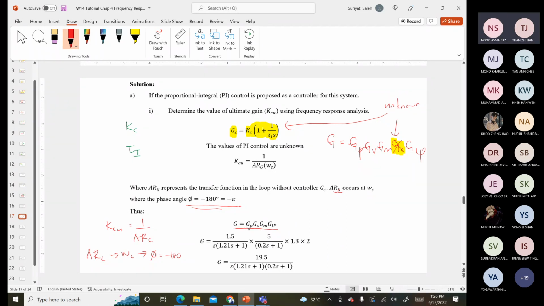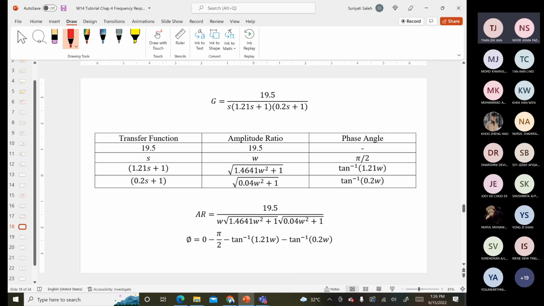So that's why you have the GP, GV, GM, GIP. So based on this is the following transfer function. 19.5 over S, 1.21 S plus 1, 0.2 S plus 1. So from this, we classify term by term and convert into expression of amplitude ratio and the phase angle.